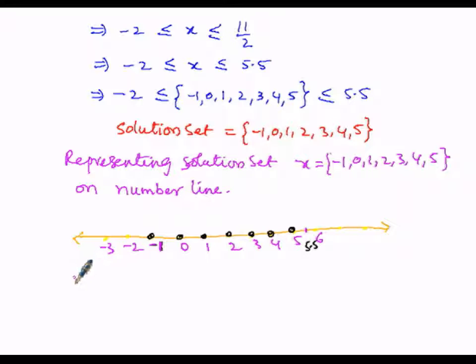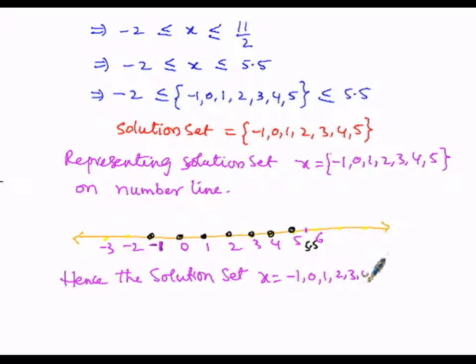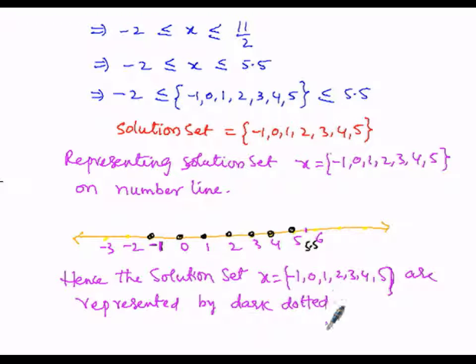Hence, the solution set, that is x equals -1, 0, 1, 2, 3, 4 and 5, is represented by dark dotted spots.